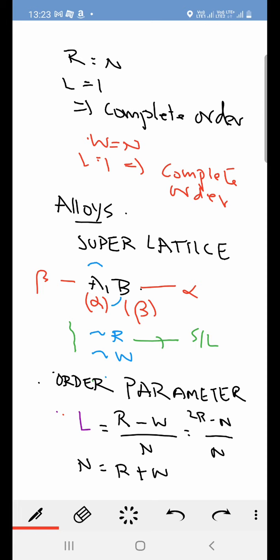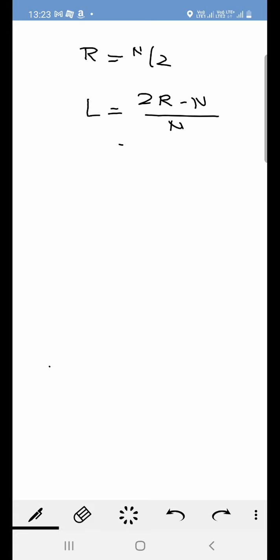Now, the only condition where there is complete disorder is when half of the atoms are right and half of them are wrong, so when R is equal to N by 2. Then the value of L, which is 2R minus N by N, is equal to 0, and it implies complete disorder.